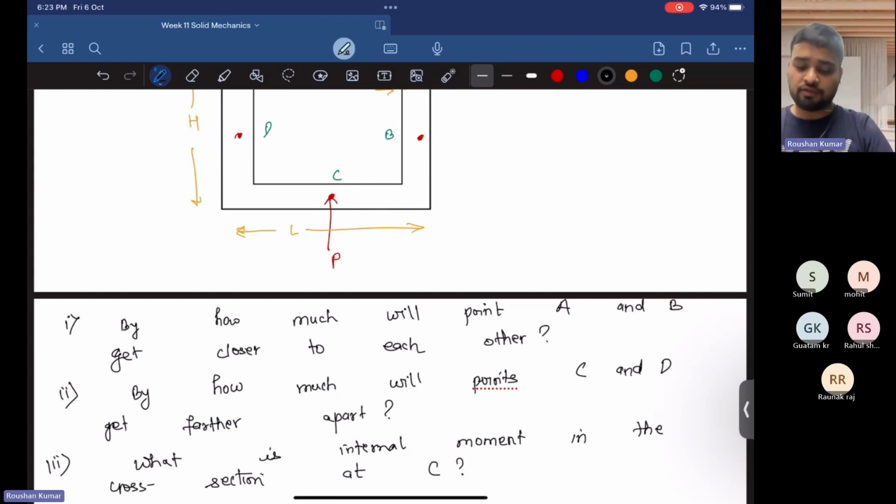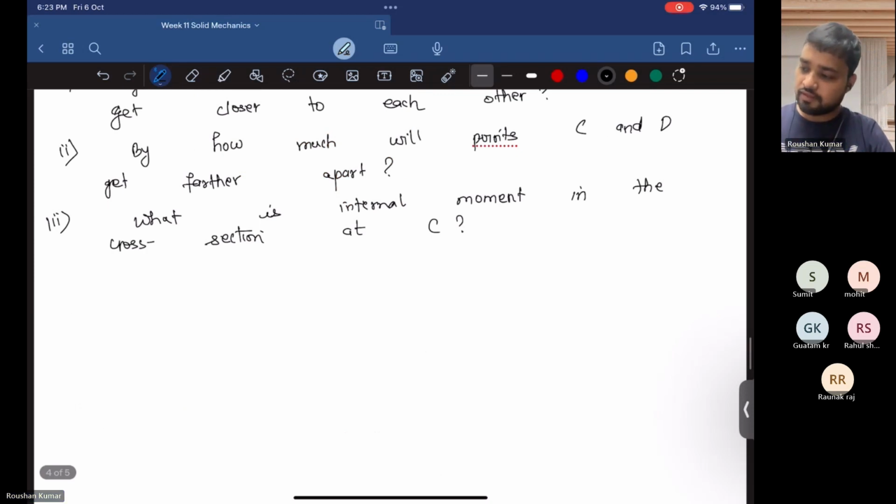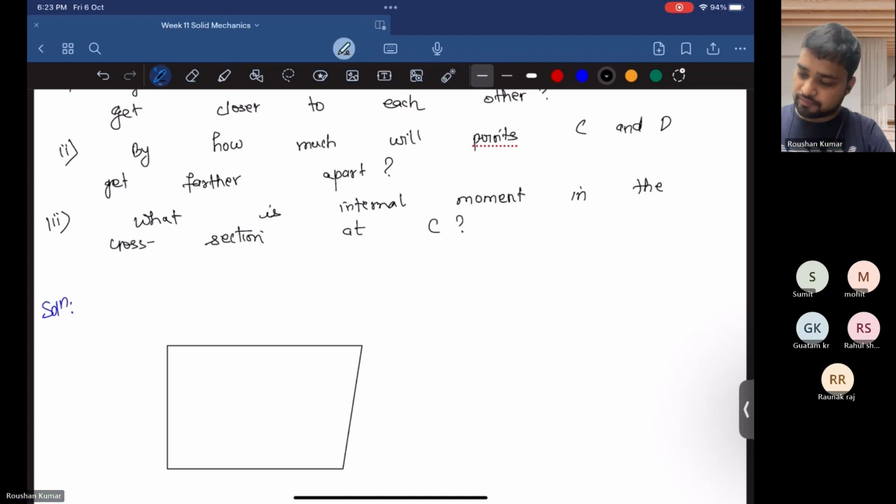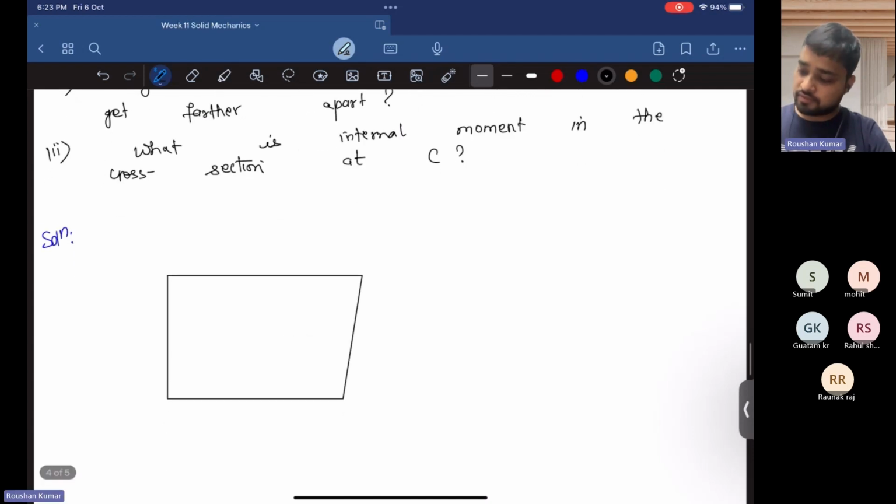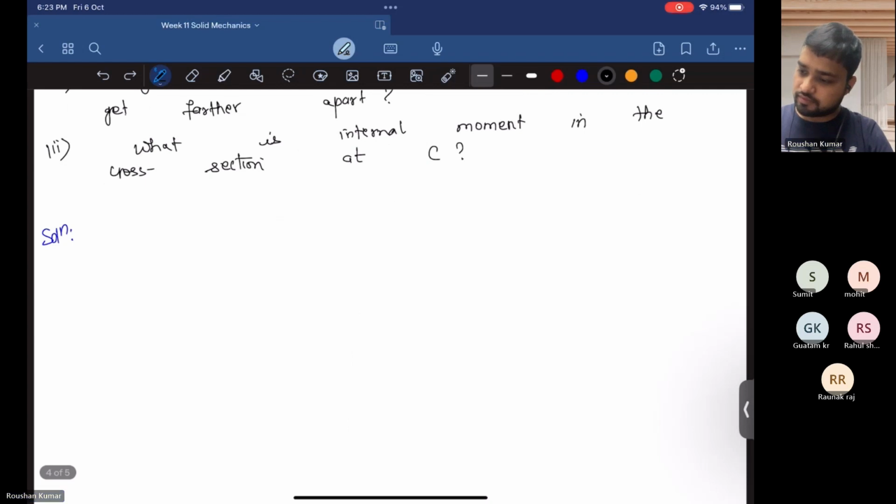So the final figure just after the deformation will be, so the solution part now. I am drawing the final figure just after the deformation happened. So suppose this is a square beam, rectangular beam, sorry.